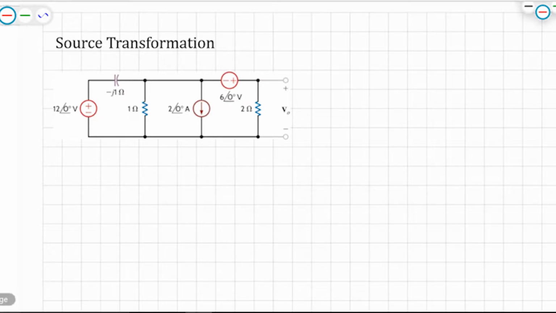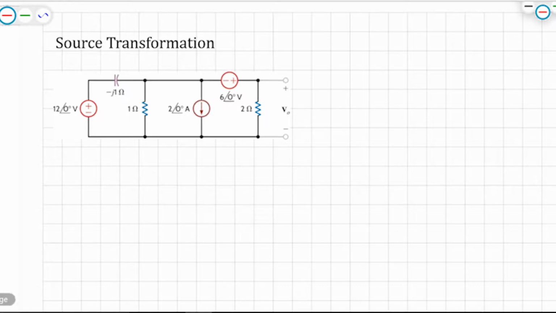Our objective of this problem is to find the voltage across the 2 ohm resistor on the far right, but we wish to use source transformation. If we recall, source transformation is converting the voltage source into a current source.